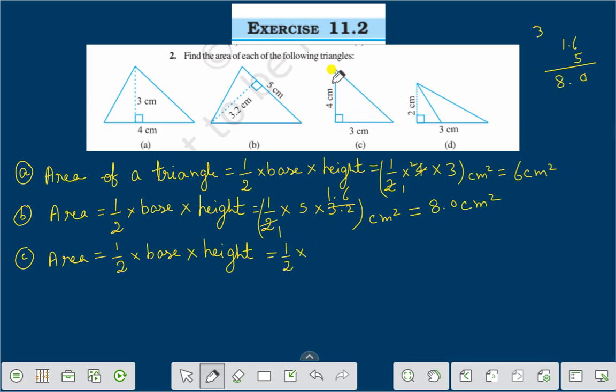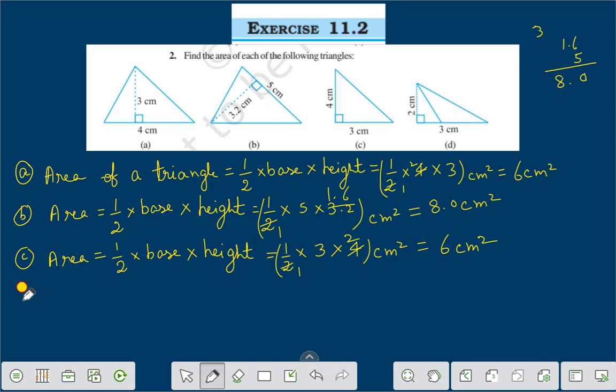This is the base and this is the height. Base is 3 and height is 4. If we cut this, 1 is 2 and 2 twos are 4, and 3 twos are 6 centimeter square. 6 centimeter square is the area of triangle C.